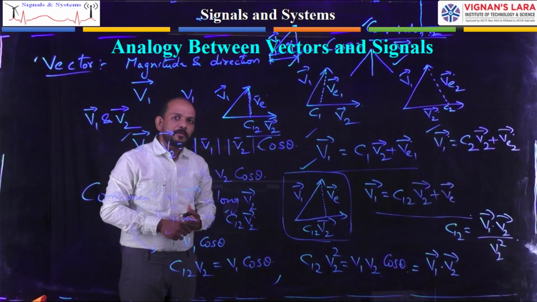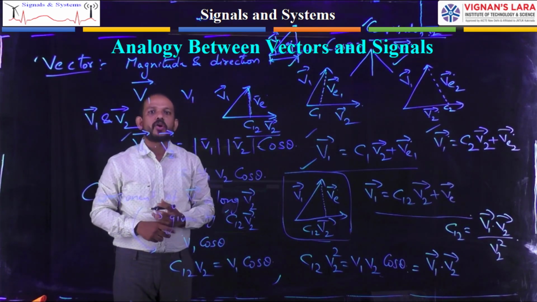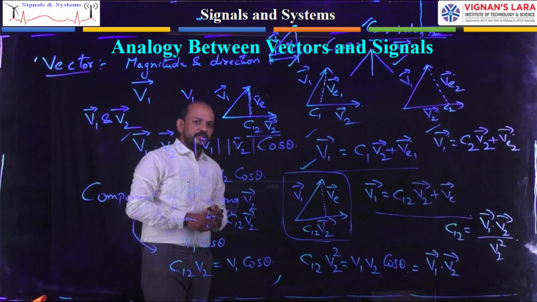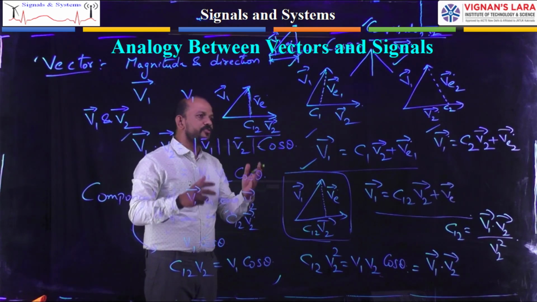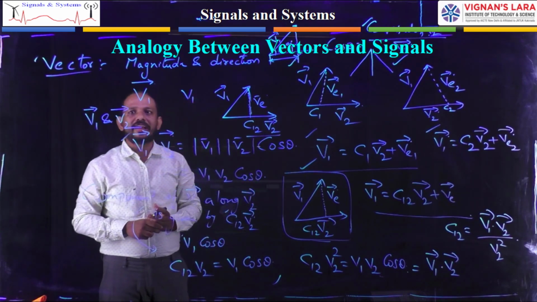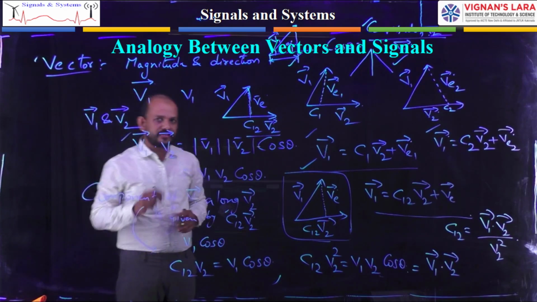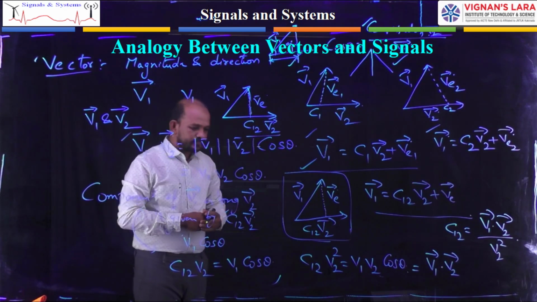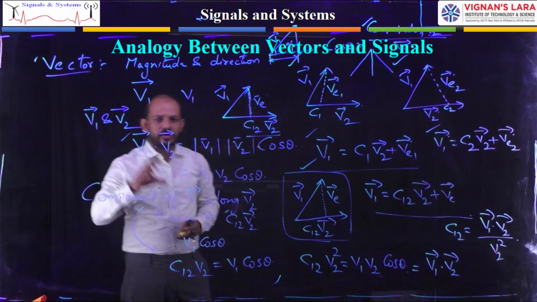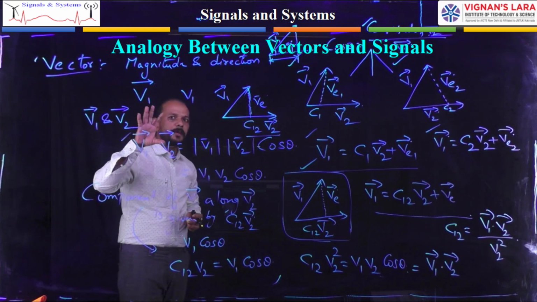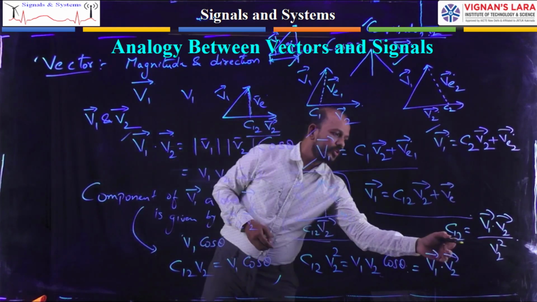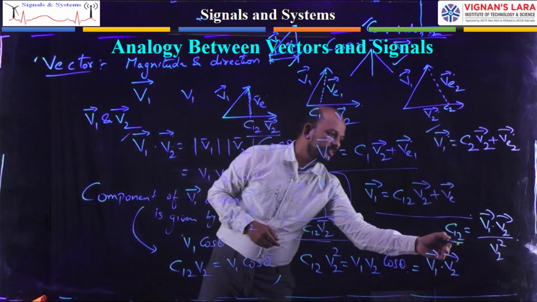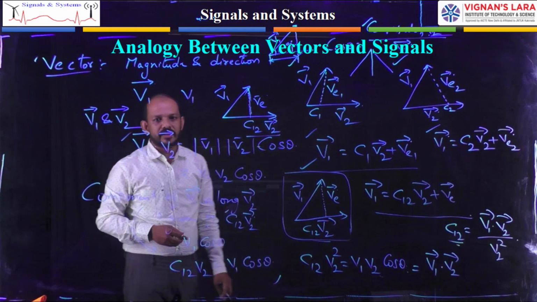The vectors which are mutually perpendicular to each other are called orthogonal vectors. Simply, orthogonal means perpendicular, that is 90 degrees to each other. So for orthogonal vectors, the value of C12 will be equal to 0. That is, the constant will be equal to 0.